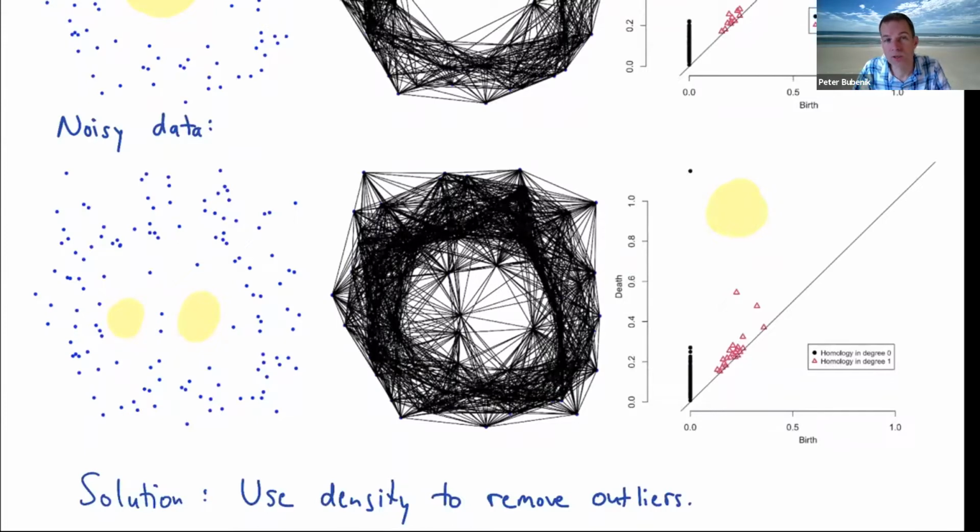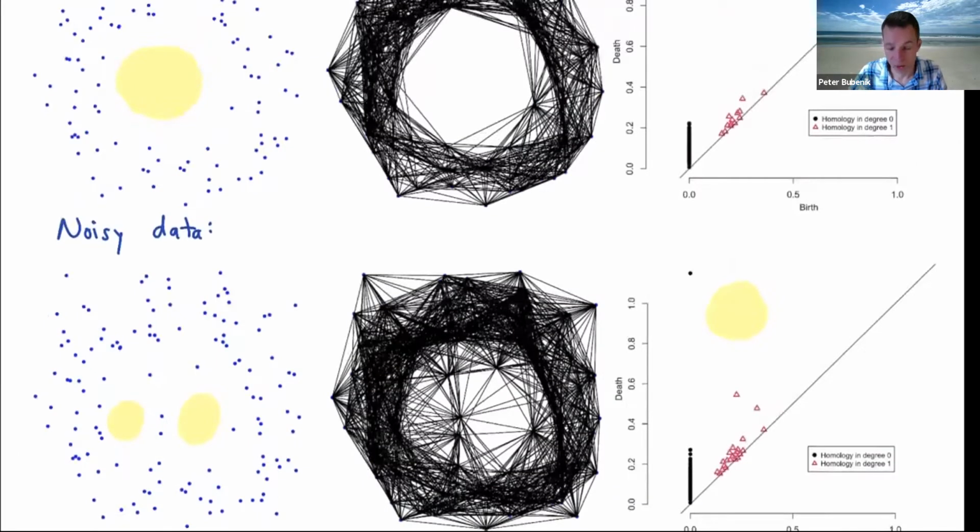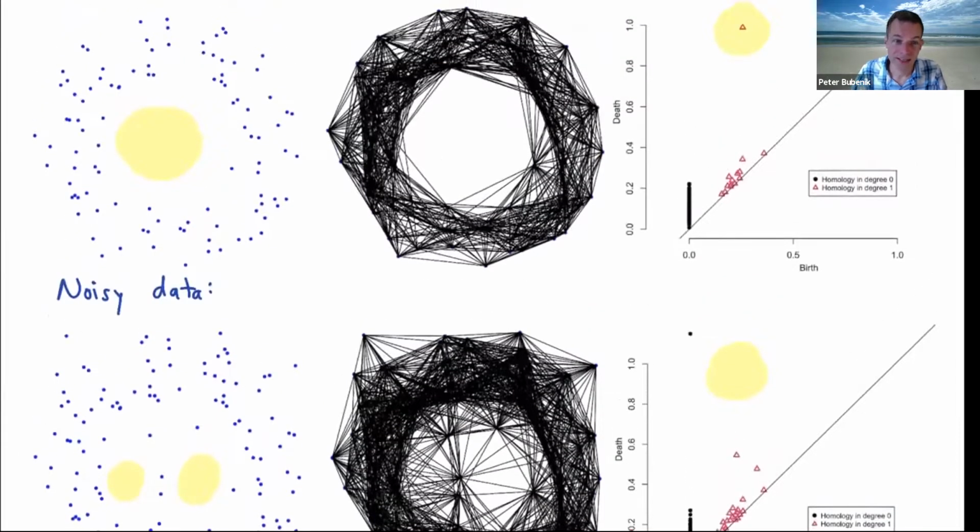There's different ways to do this. Maybe the simplest is to, for each point, measure the distance to, say, the 5th nearest neighbor. And then for points that don't have 5 close neighbors, just get rid of them. Okay, so if you do that, you end up recovering the persistence diagram on the top right from the data on the bottom left.